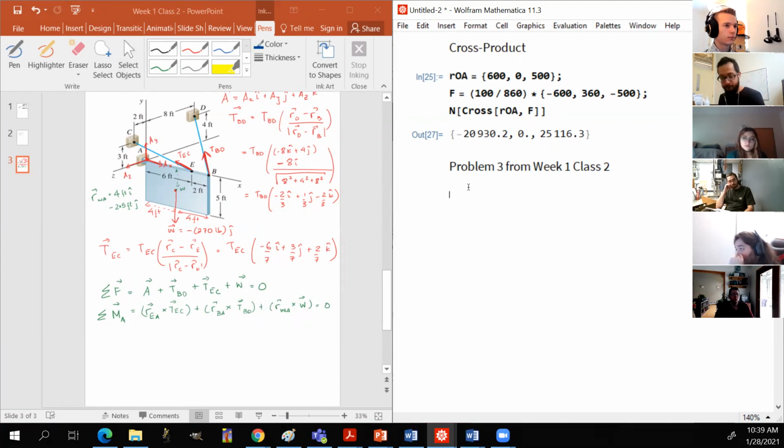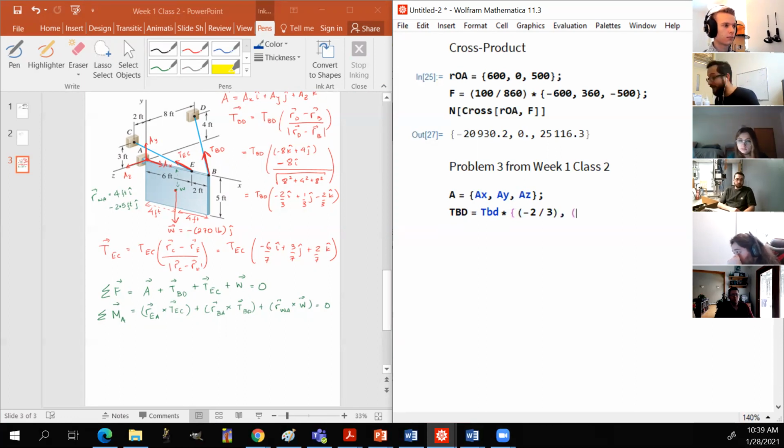So now let's define our unknowns. Our unknown A is just going to equal the individual unknown parts, right? So you have AX in the I hat, AY in the J hat, and AZ in the K hat. So that one is done. Then let's do TBD. TBD was equal to the unknown scalar quantity TBD multiplied by your unit vector direction, which was minus 2/3 in the I hat.